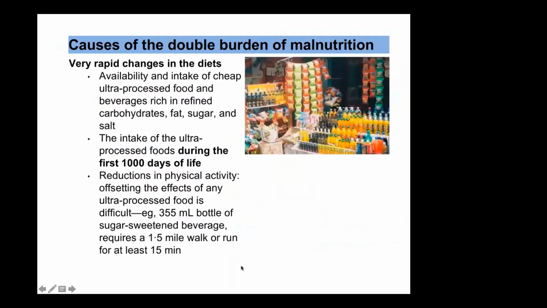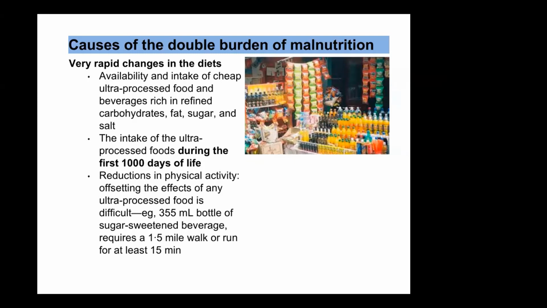Yeah. So this slide is the reflection of what we just saw in the video also. There are very rapid changes in the diets because of the availability and intake of cheap ultra processed food. Even in the lower income countries, with the lower economic status, these kinds of ultra processed foods are very cheaply available in the market.